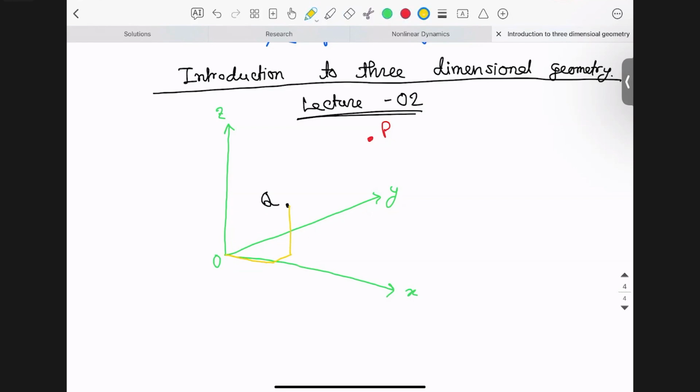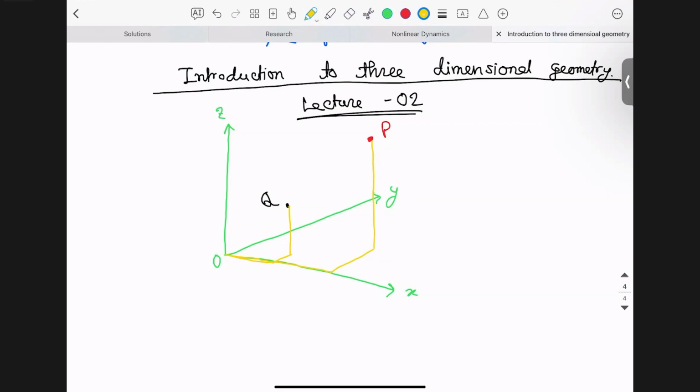Accordingly, we can find the coordinates of the point Q. Similarly, for point P, we can work like this, after that like this, and after that like this. Okay, so along this we can find the coordinates of the points P and Q.